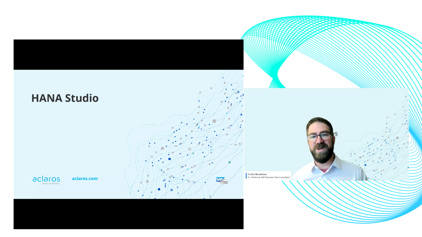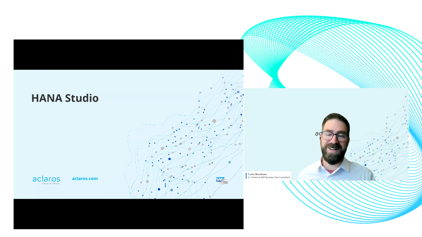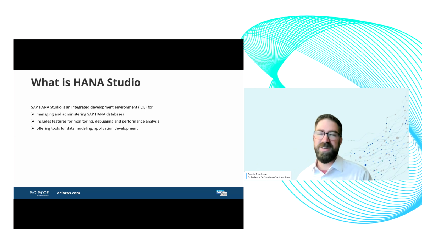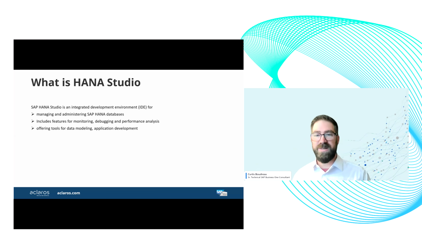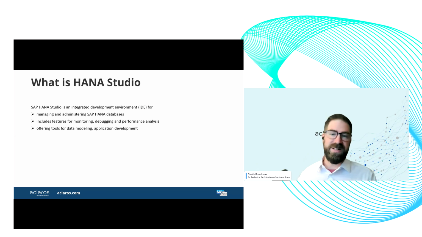Now, I know a lot of you have been holding out for this one, but we're going to dive a little bit into the HANA Studio. I think most of us know what the HANA Studio is. For those of us who aren't yet familiar with it, I'm just going to give you a quick technical description. The HANA Studio application is available for Windows, Linux, and Mac OS. It's an Eclipse-based IDE tool used for developing and administering SAP HANA databases.